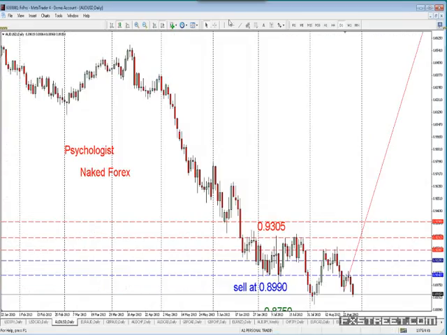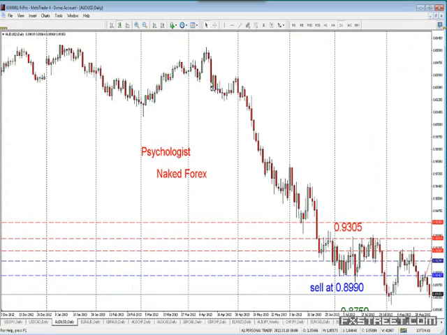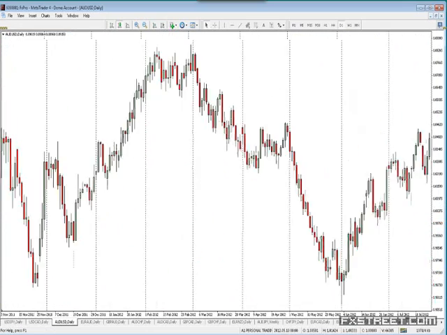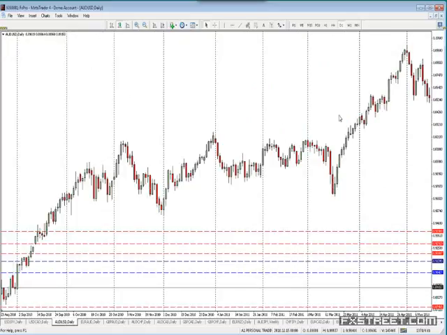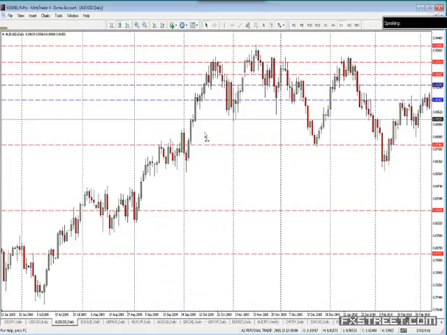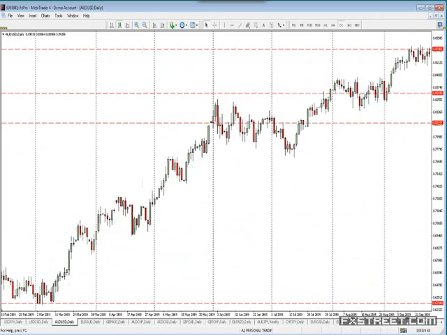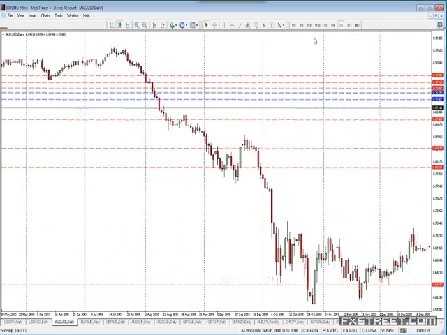Like we had one on the Aussie dollar. Where was it? It was a long time ago. I think it was a weekly.